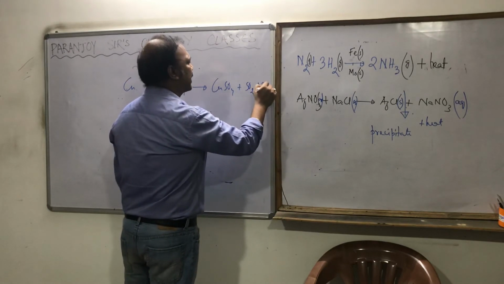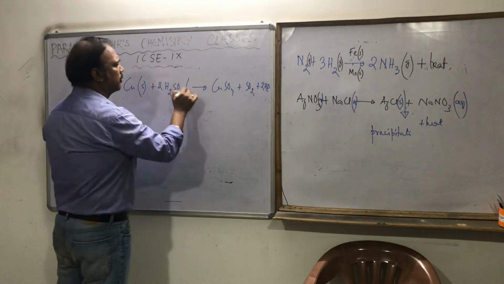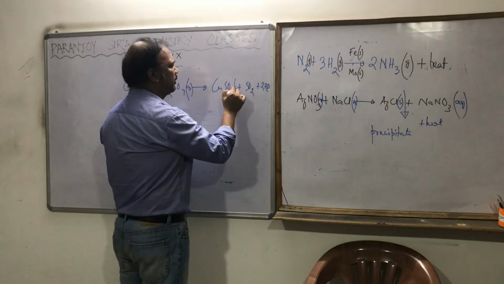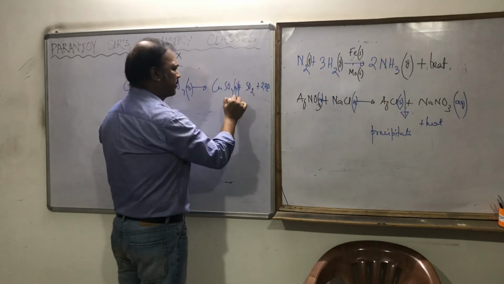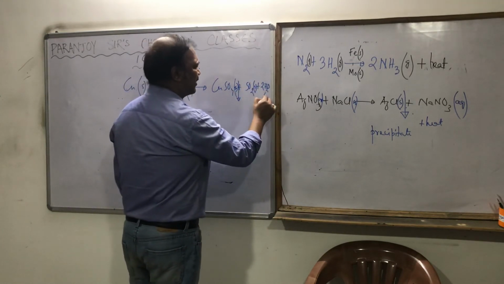Okay, that is the reaction I had written. Now Cu is what? That is solid. This you know, aqueous. This already we know, aqueous. This is solid. Copper sulfate is solid, so this is also precipitating down. Okay, this is gaseous and this is liquid.